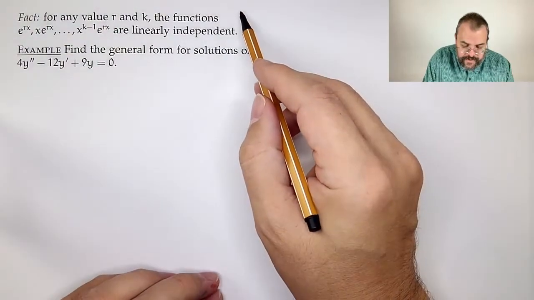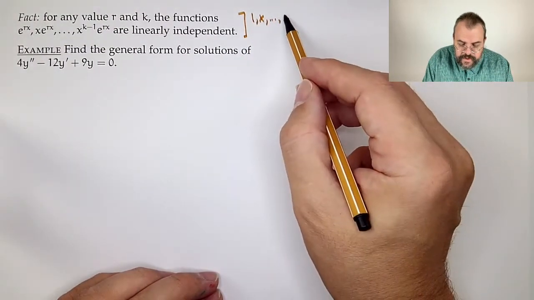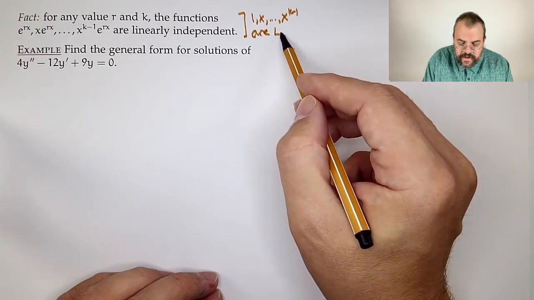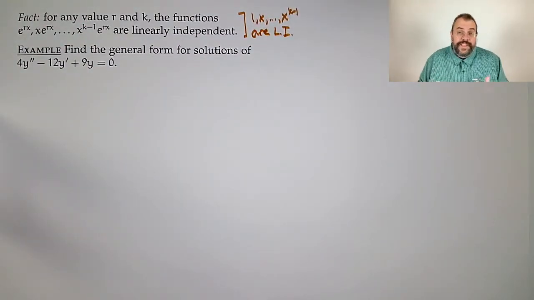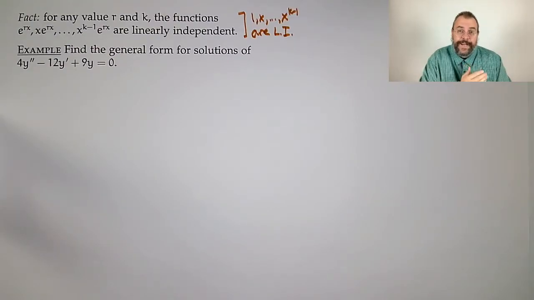It really follows from the fact that 1, x, all the way up to x to the k minus 1 are linearly independent. Probably the easiest way to do that is if you trust the Wronskian, and you should. The Wronskian is a true function. It's very simple to take the determinant of the Wronskian in this case. All right, but for now, we'll just accept that as a fact.